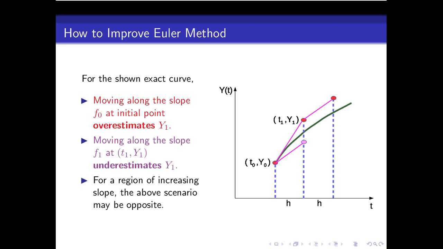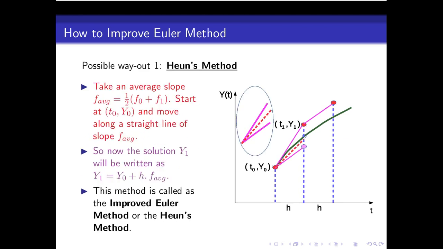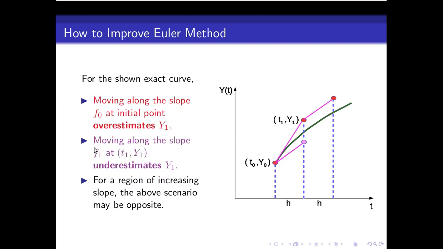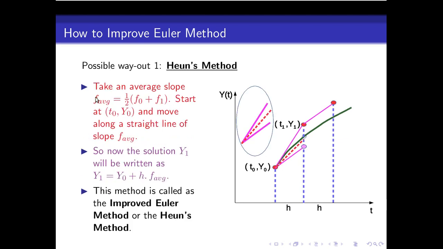So what can be intuitively possible way outs? The first way out is what is known as Heun's method. If you just informally think, it is a very obvious choice: since one slope overestimates and another slope underestimates, you just take an average slope.